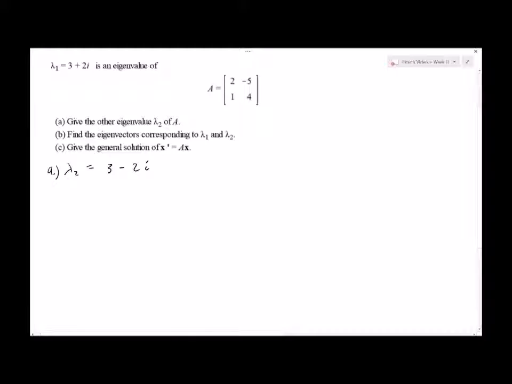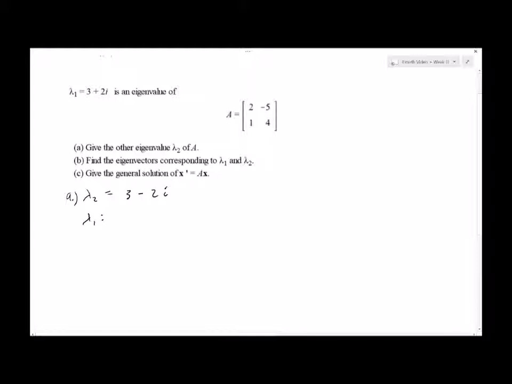Alright, so B, let's find the eigenvectors. So we'll plug in lambda 1. So here we'll have 2 minus 3 plus 2i, negative 5, 1, 4, minus 3 plus 2i, equal to 0, 0.